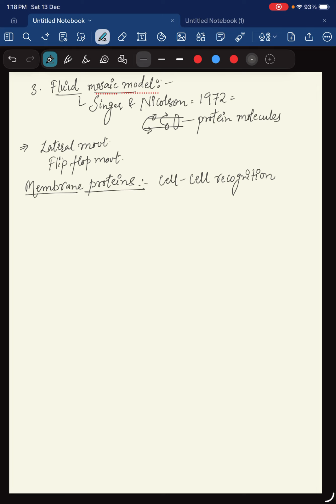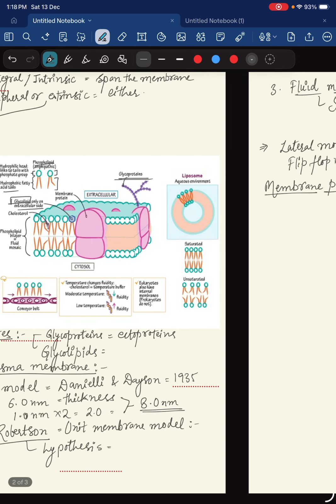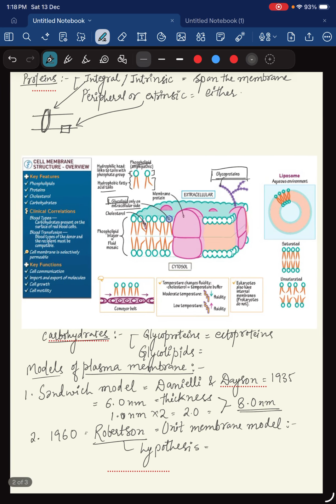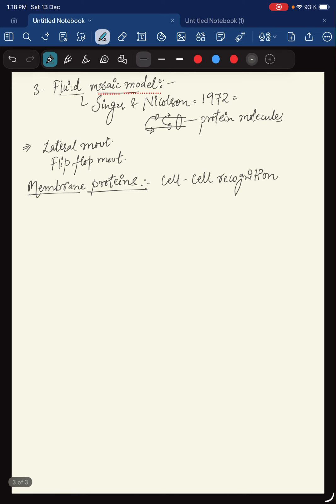Now, the carbohydrate chains of glycolipids and glycoproteins serve as the fingerprint of the cell and identify the type of cell. Because glycoproteins and glycolipids are present on the surface of the membrane, they are responsible for recognizing and identifying whether the cell is being approached by a foreign cell or itself.